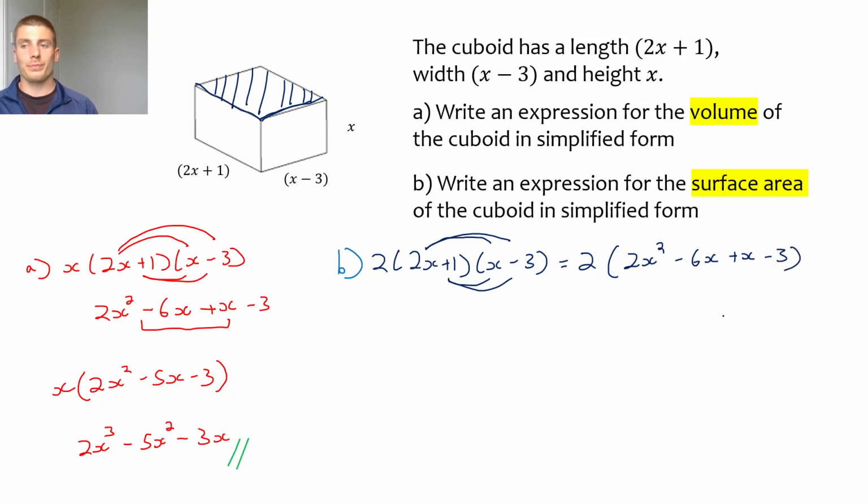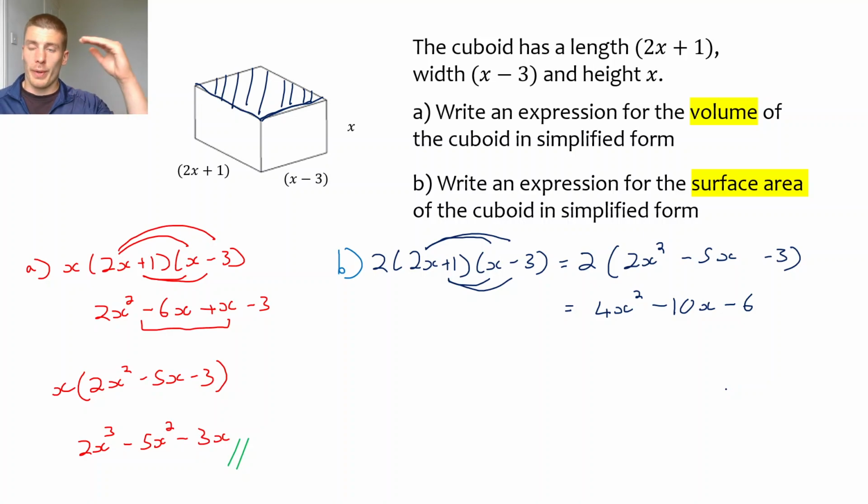Minus 6x plus 1x goes to minus 5x. Now we've got two lots of them, so I distribute this 2 to all the terms in the bracket, so you just double everything, which goes to 4x squared minus 10x, and then minus 6 on the end. That's the area of the top and the bottom face.